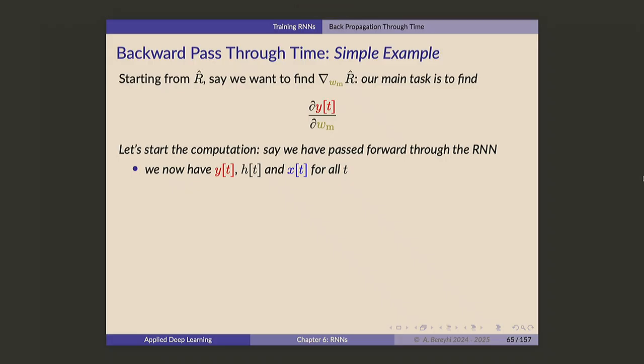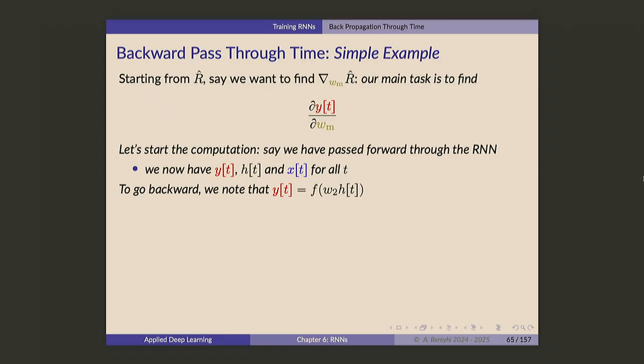Let's start with the things that we have at time t. At time t, the output is given in this form, right, in terms of the hidden state. Now, if I want to compute that derivative, what should I do? I am trying to compute the derivative of y, which is this guy, with respect to my weight, Wm.